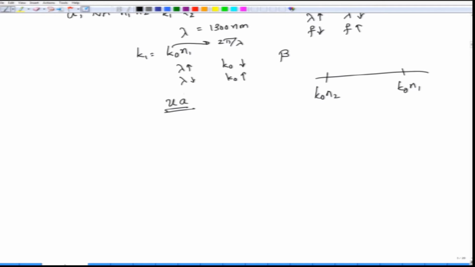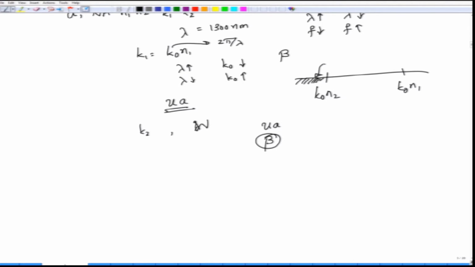Of course, because lambda is changing, K2 is also changing, as well as W. So essentially U and W both are changing with all the other fiber parameters fixed, except that lambda is varying. It might so happen that the product UA, or equivalently the value of beta that you find from solving the equations, might turn up in this region.